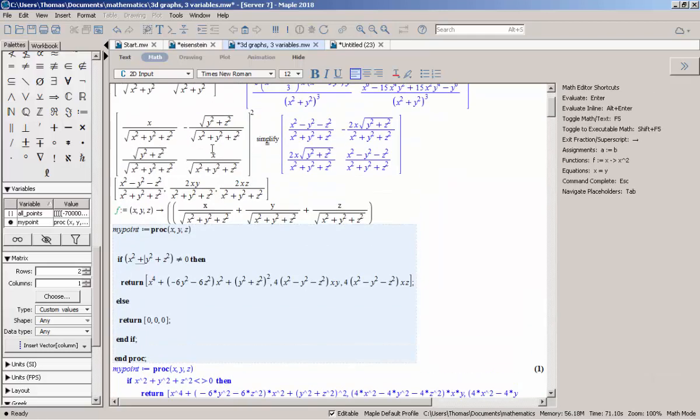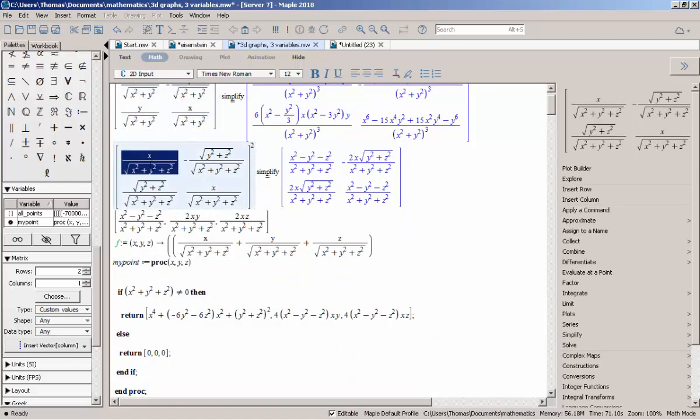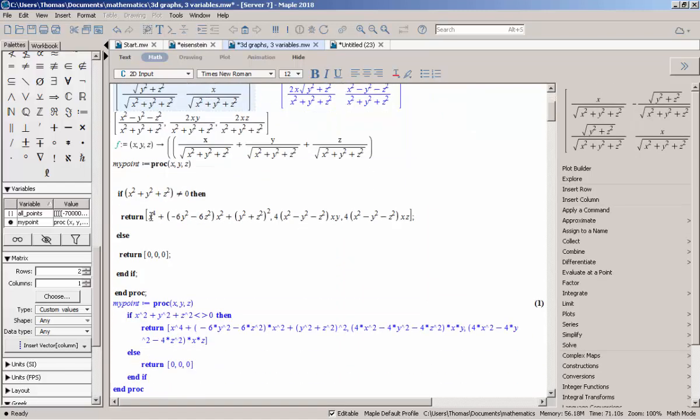Now let's look at the sphere all by itself.